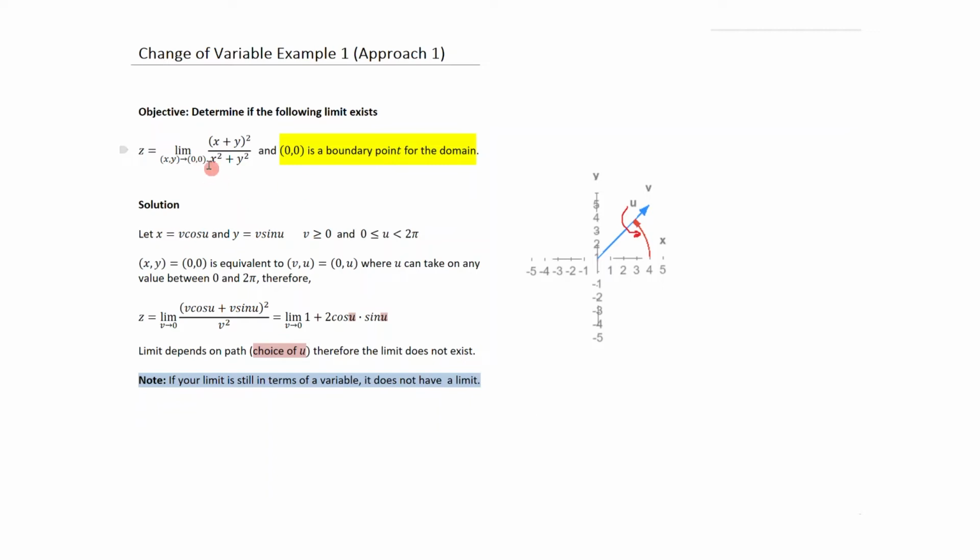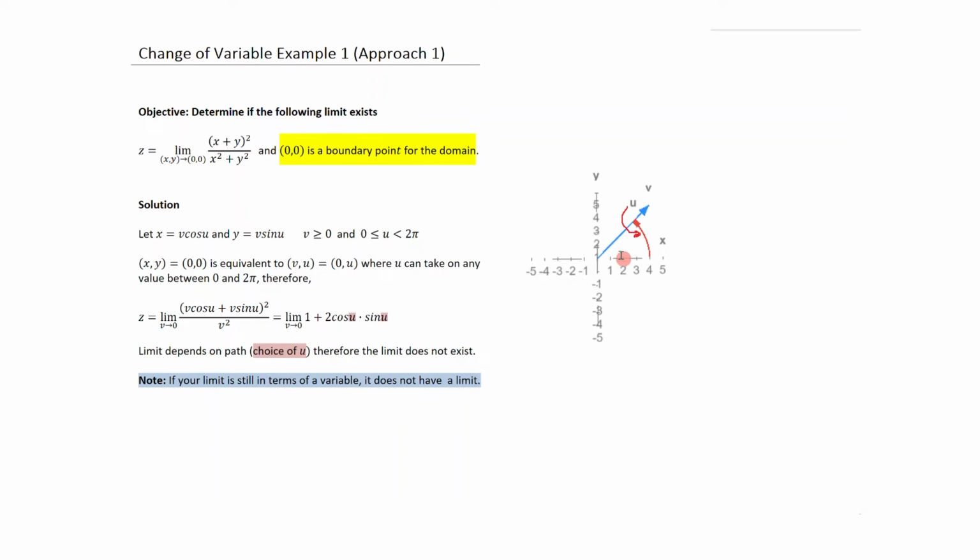So again, we see here the x squared plus y squared, which suggests that we use the substitution x equals v cos u and y equals v sin u. And again, as mentioned on the previous slide, v will be greater than or equal to 0, and u will range between 0 and 2 pi. As far as a mapping is concerned, you see the picture on the right. v would be the distance along a radial line, so you change v, you lengthen this line.